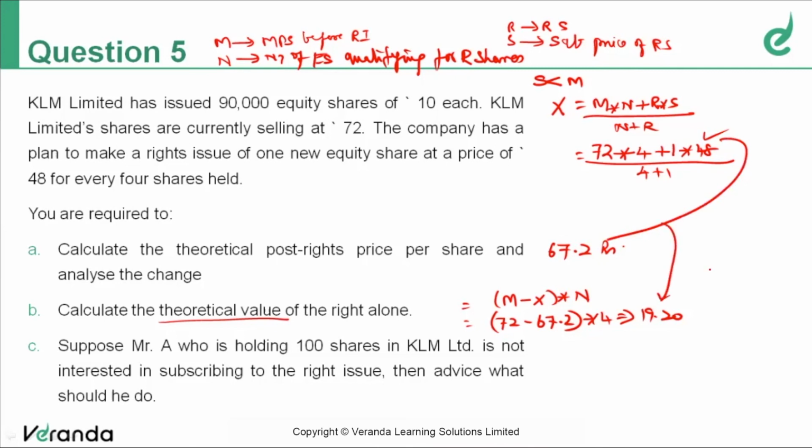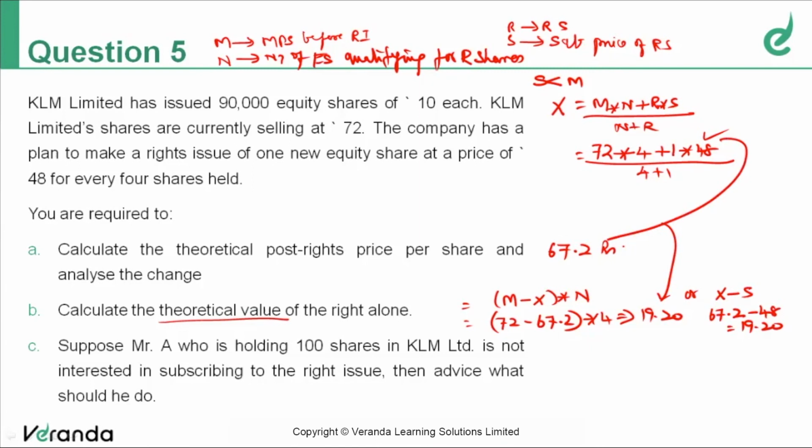What I lose is the gain for the other person. So there is another formula: the theoretical ex-rights price minus the subscription price. So 67.2 minus 48 is equal to 19.20. This is the answer for the second part of the question.